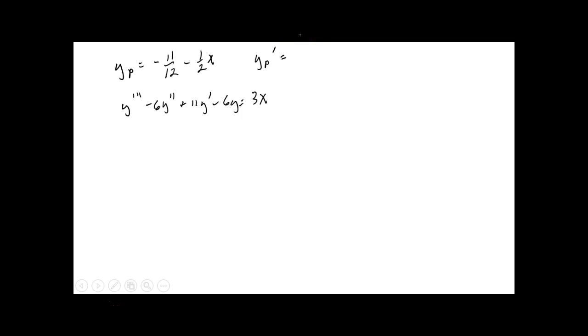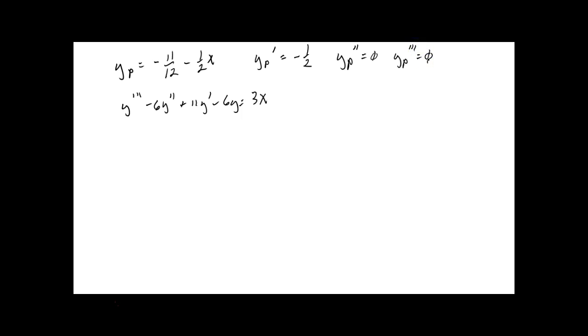Y prime is minus 1/2. And your y particular double prime is 0. Y particular triple prime, 0.